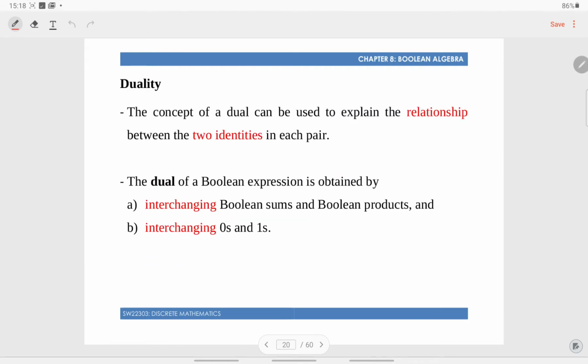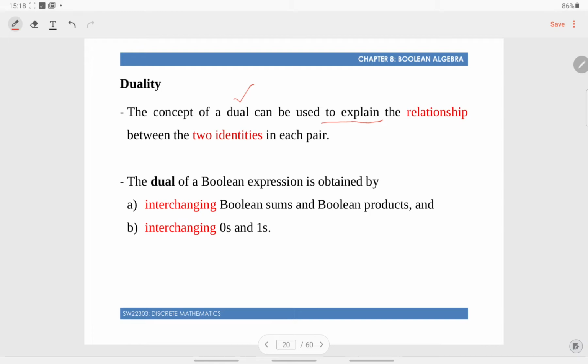Alright, the next topic is about duality. The concept of a dual can be used to explain the relationship between two identities. Previously we had Boolean identities, so to explain the relationship between two identities in the form of a pair, we can use the concept of duality.